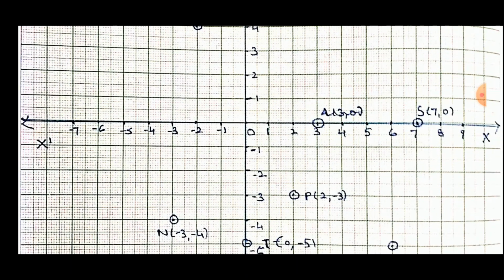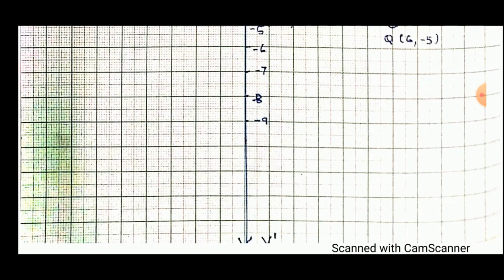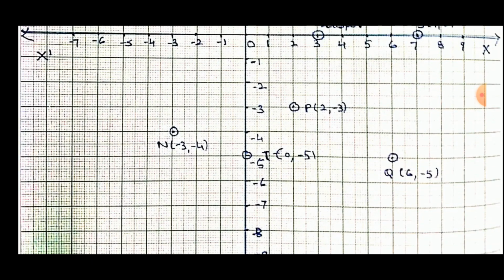Now take a point S having the coordinates (7, 0). Since the y coordinate is 0, the point lies on the x-axis. So on the x-axis, see where is that 7 and plot the point (7, 0). Then take a point T having the coordinates (0, -5).